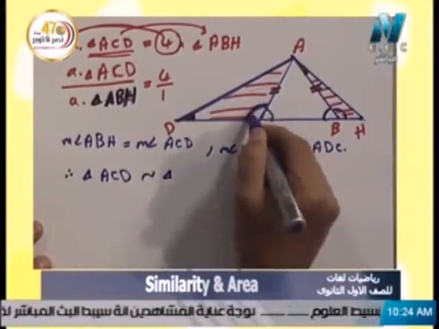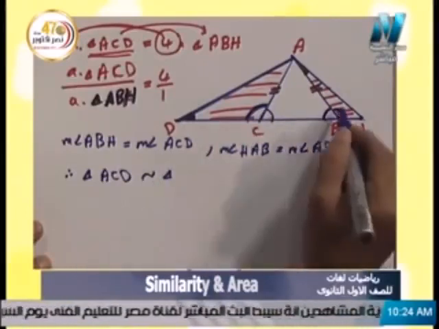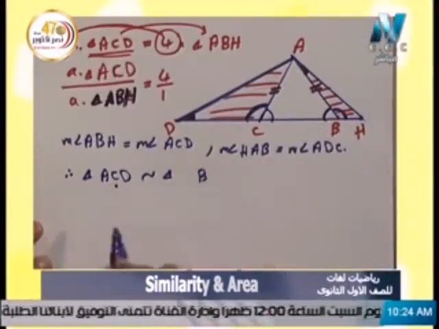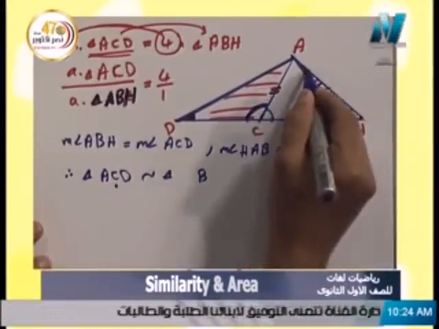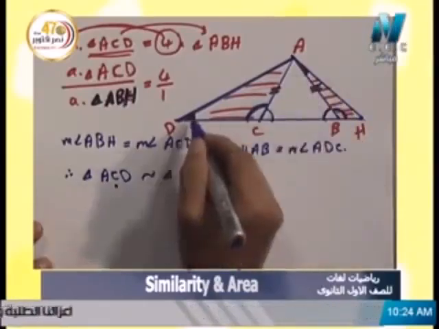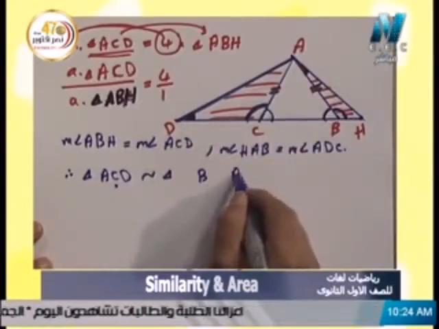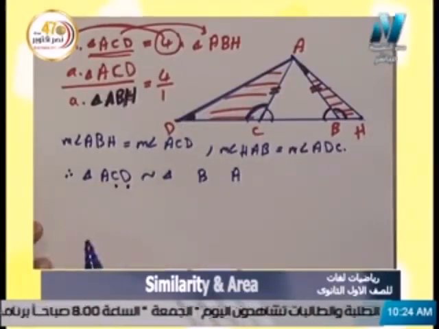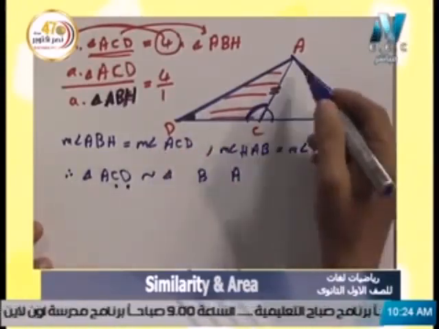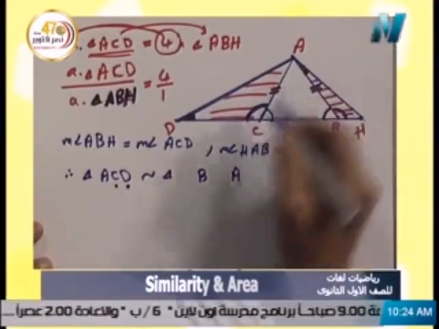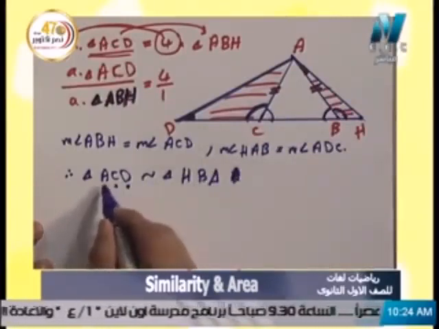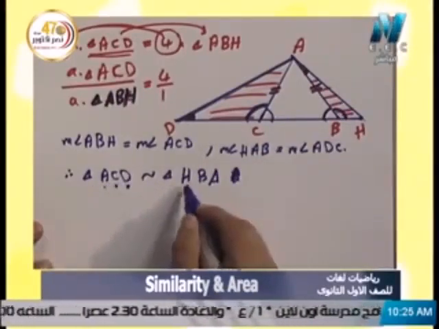We know that the angle here on C equals the angle here on B, so C corresponds to B, and we know also that the angle A in the second one equals D, so A corresponds to D. So the triangle ACD is similar to triangle HBA.